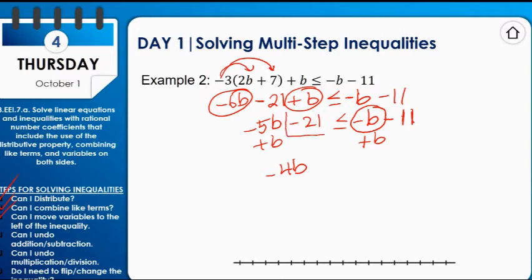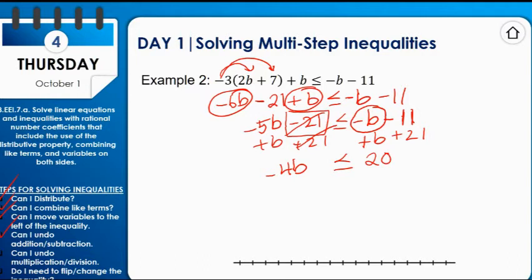Can I undo addition or subtraction? I have a -21. In order to get rid of -21, I add 21 to both sides. Cancel. -11 plus 21 becomes +10.